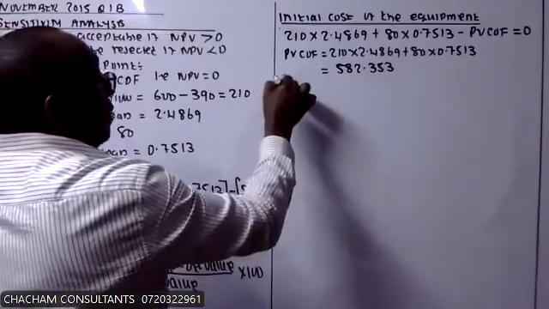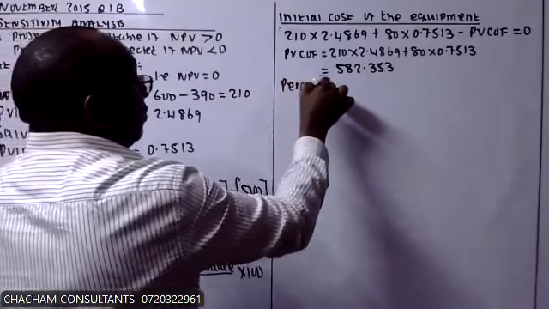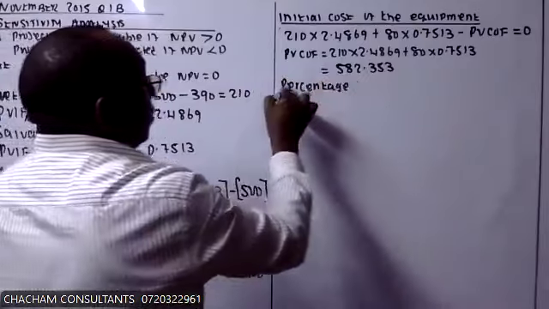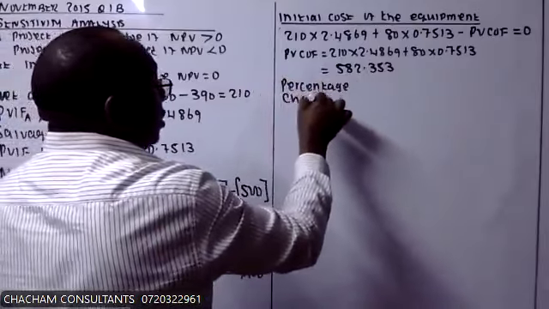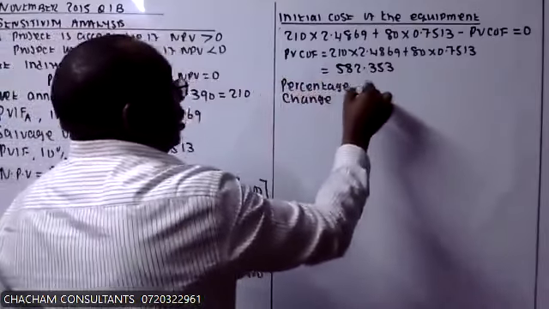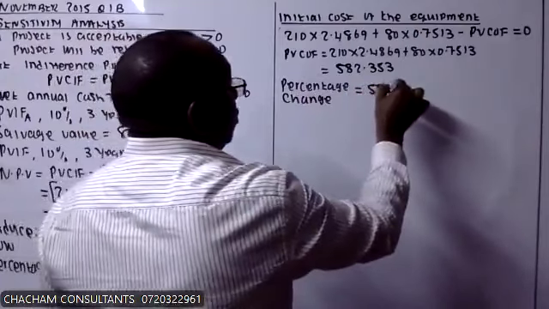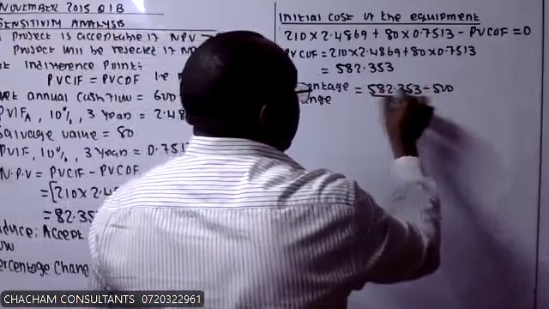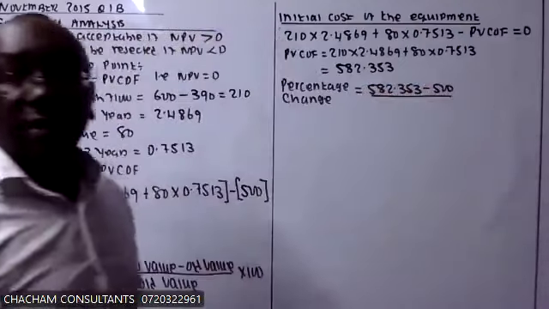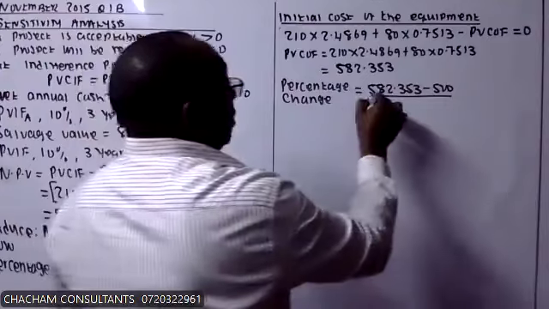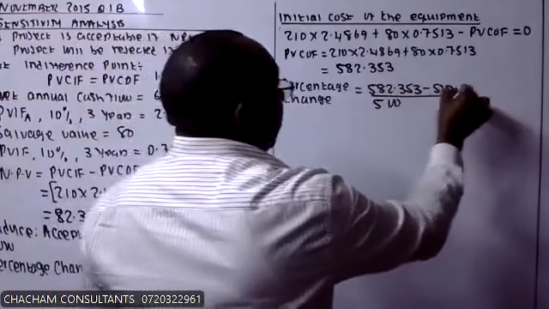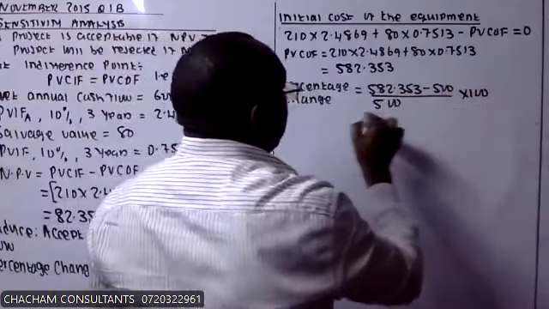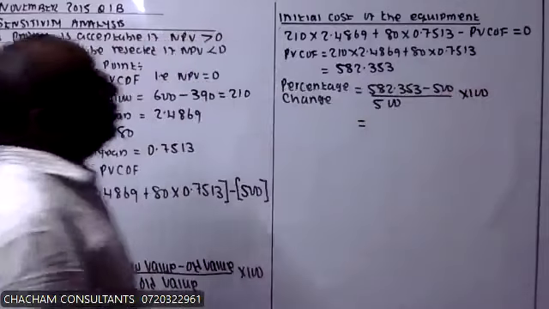And therefore, the percentage change should be the new value, 582.353, minus the old value, which is 500. You divide by 500 times 100.